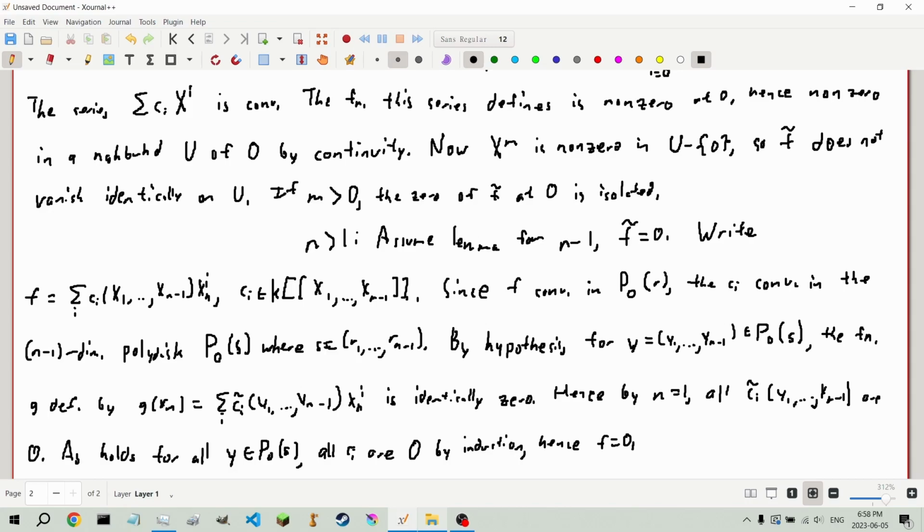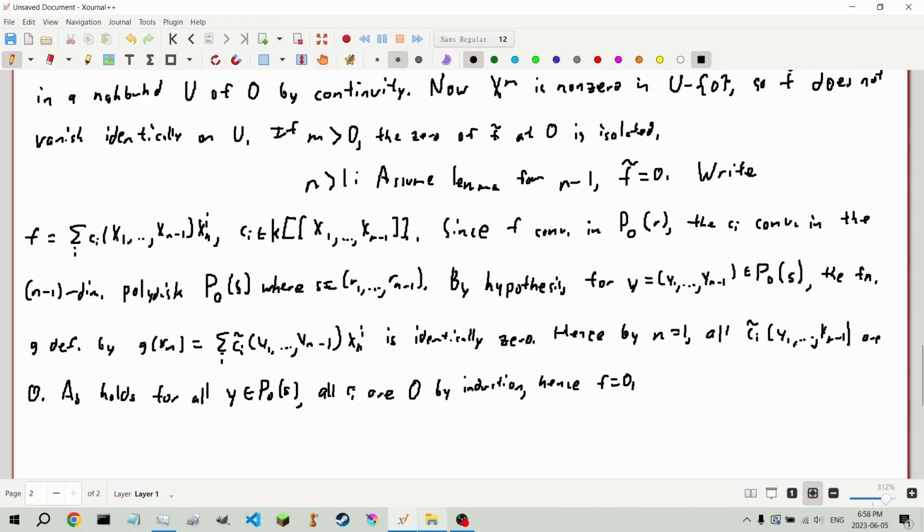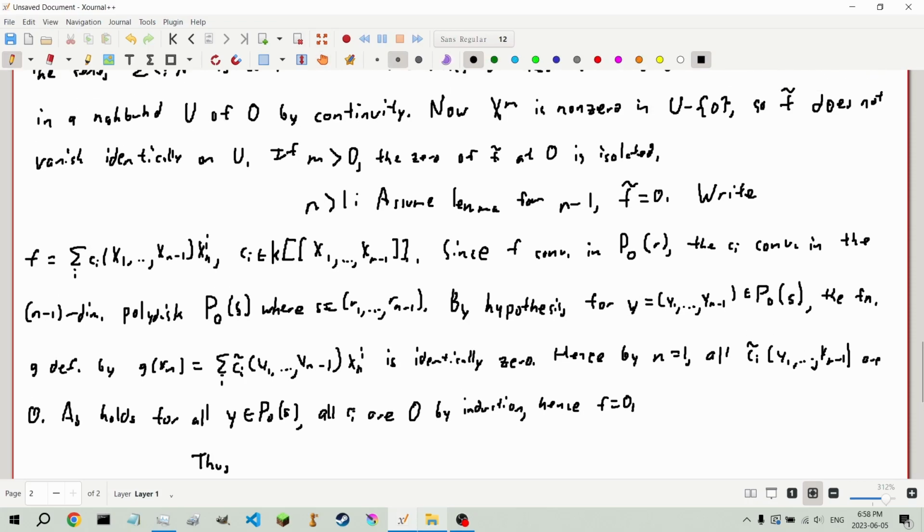So, anyways, sorry about that. By this lemma, thus, well, we may associate, I guess identify is the more technical term, a convergent power series f with its associated function f tilde.